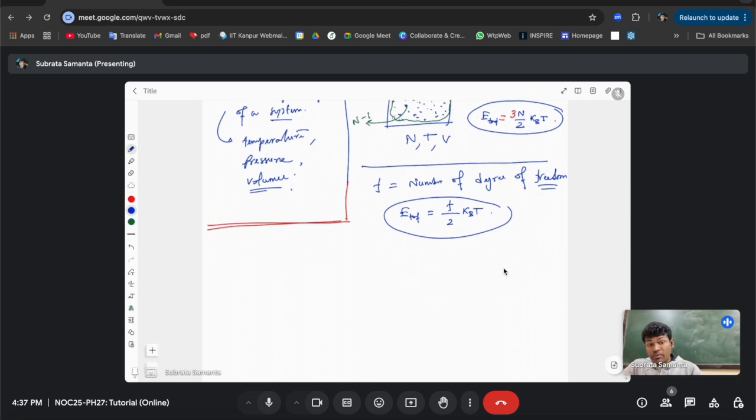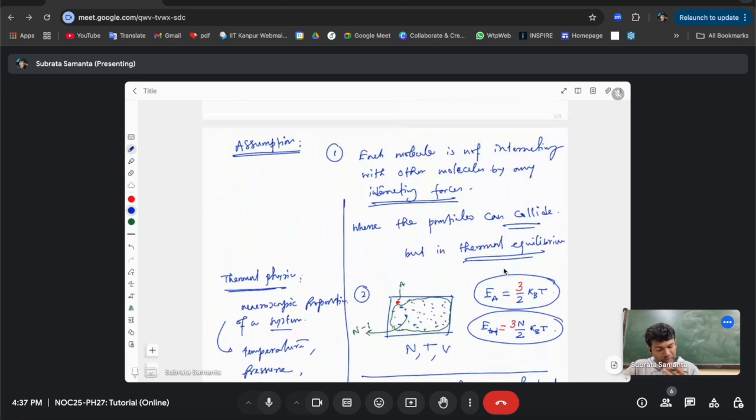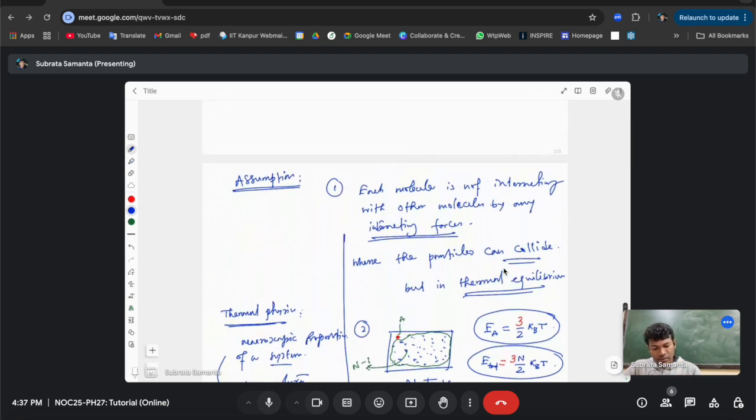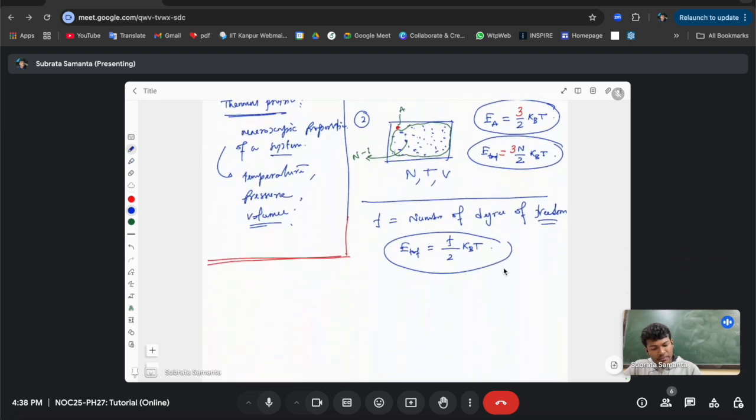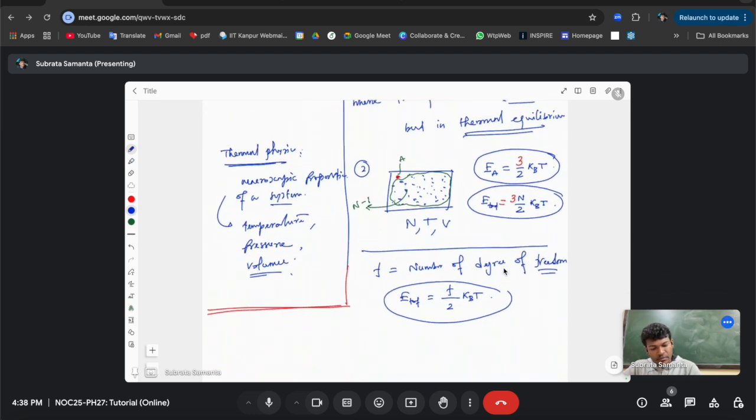But in the kinetic theory of gas, it's precisely half kBT for each degree of freedom. These are the assumptions. If you have any questions, please ask. I will discuss it; it depends on your distributions.